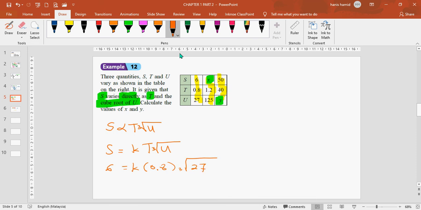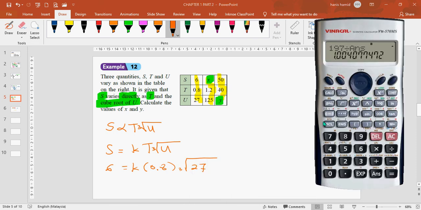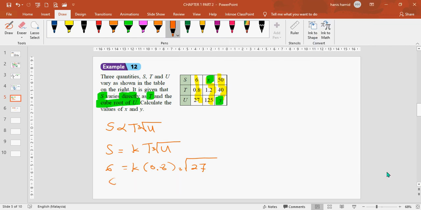So 6 is equals to 0.8 times cube root 27, so I'll get 2.4. So 6 is equals to 2.4K.